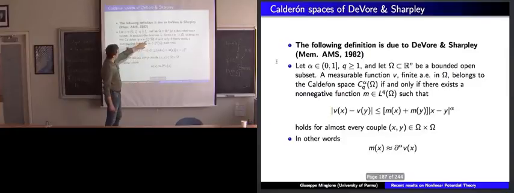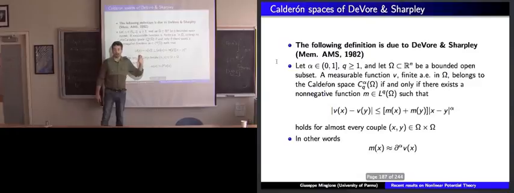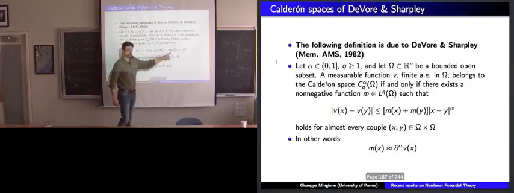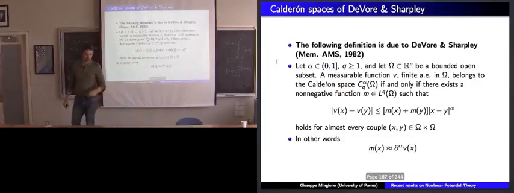You say that u belongs to C^{α,q} if the oscillations can be controlled by a power α by paying a price which is now no longer a bounded function, but it's a function that can blow up sometimes. But the rate of blow up of this function is controlled by prescribing that this function is in L^q.